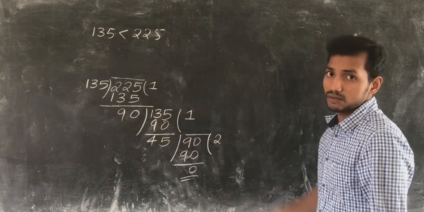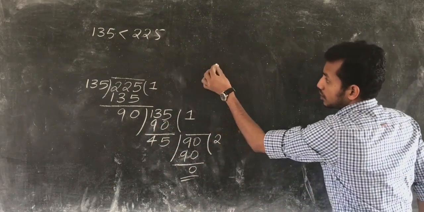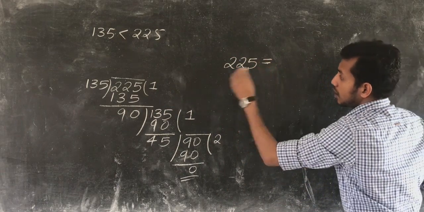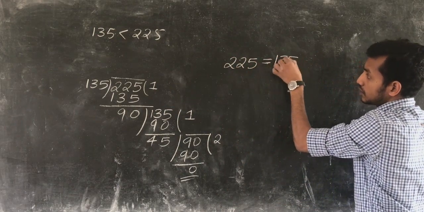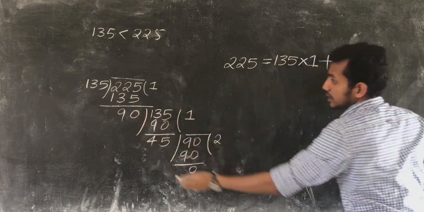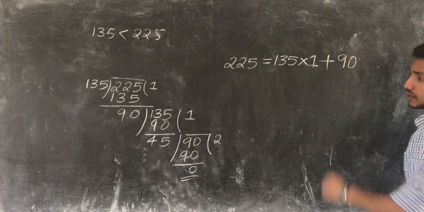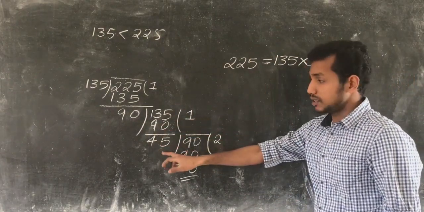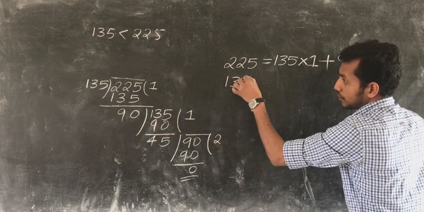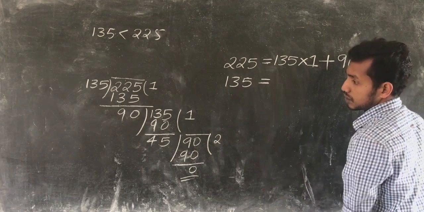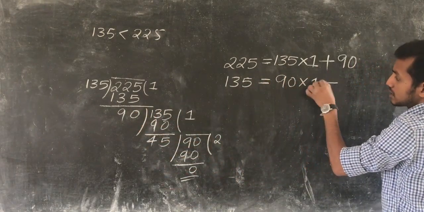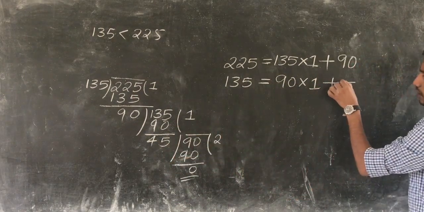Now we can write the algorithm for this. 225 is equal to 135 into 1 plus remainder 90. Then in the second step, 135 is equal to 90 into 1 plus remainder 45.